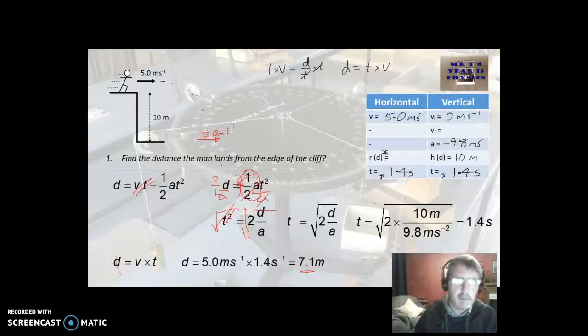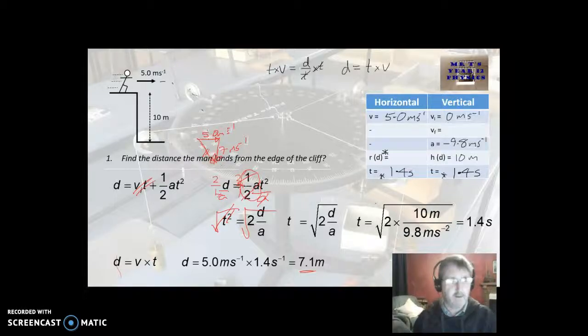And I won't do that at the moment, but I'm going to say that they're going to be traveling down at about 7 meters per second. So when they hit the ground, because they're going horizontally and vertically, their actual combined final velocity is the hypotenuse of these two sides.